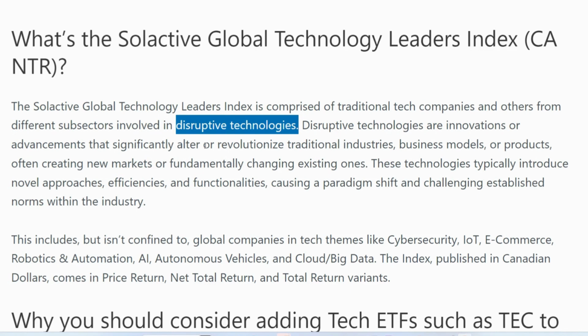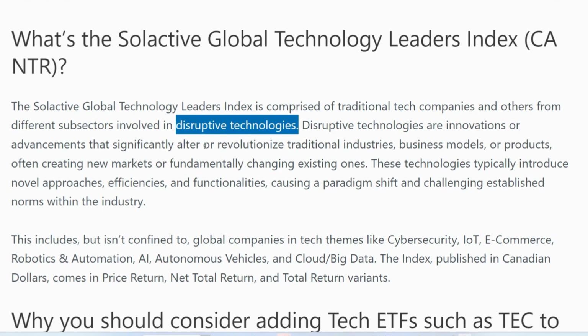Disruptive technologies just mean innovations that are really turning everything upside down.